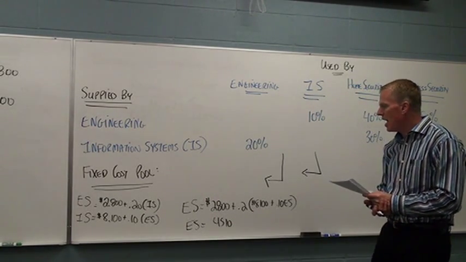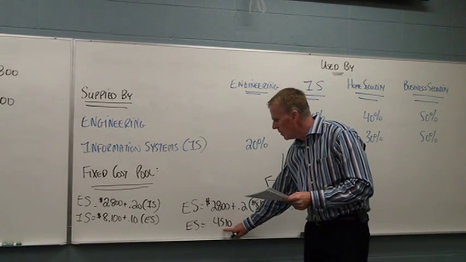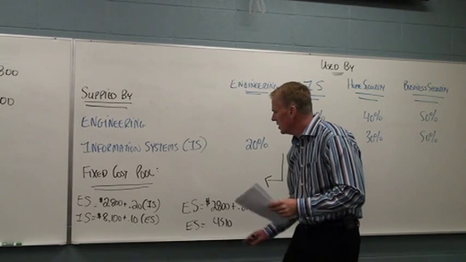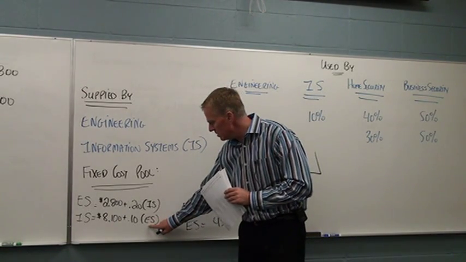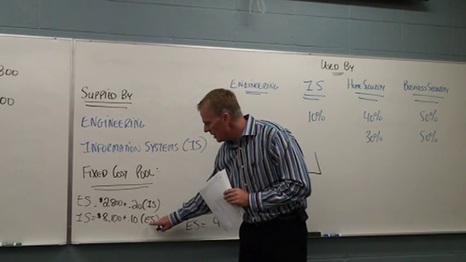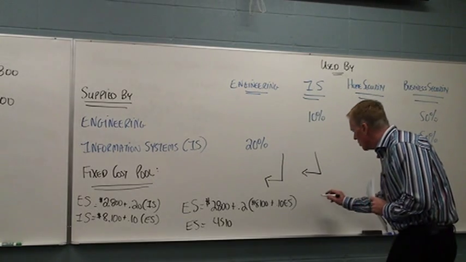Now, once you have the engineering support number of 4,510, all you have to do is put that 4,510 into the information systems equation, and you'll get the information systems number. So let me just quickly show you that.